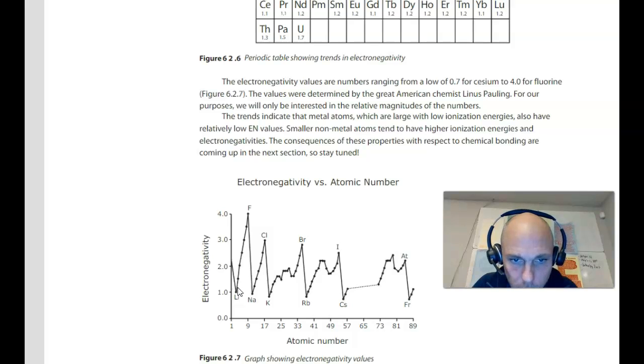There's a general linear march as you go across the second period to fluorine, which has the highest electronegativity in that period and on the periodic table. Drop to sodium, third period, increase across the third period, drop to potassium going to the fourth period, and then a general increase as you go across the fourth with some weird things happening in the D block, which tends to happen for reasons right now we don't need to know.